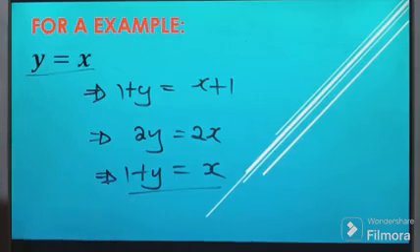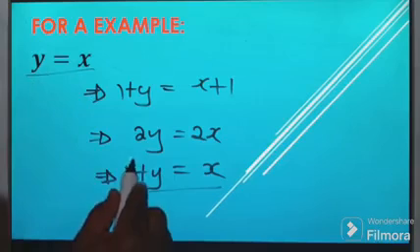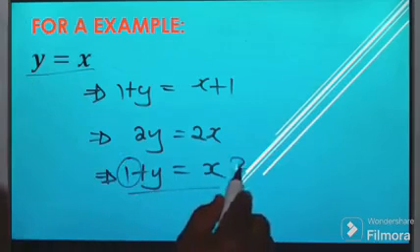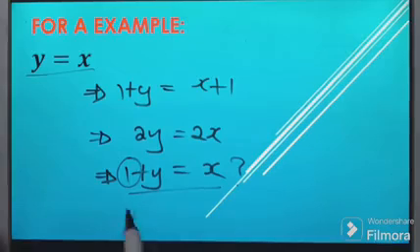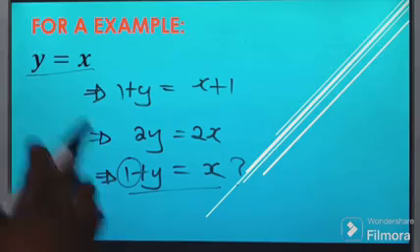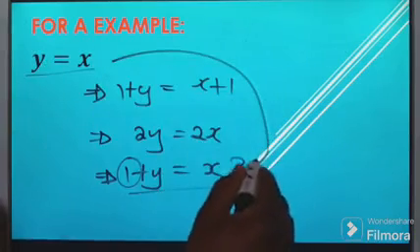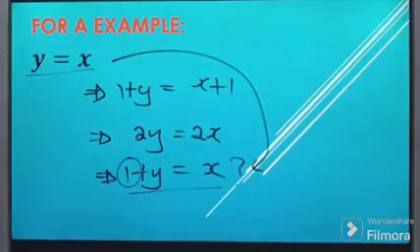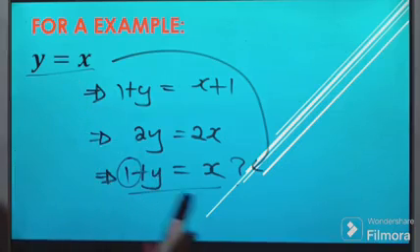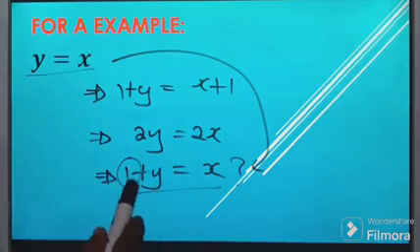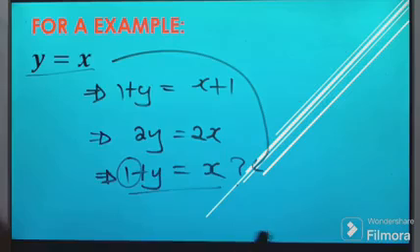We want this to be balanced. If we add 1 here and do not add 1 here, it means this equation is not balanced. They are not equal when we compare with where we started.